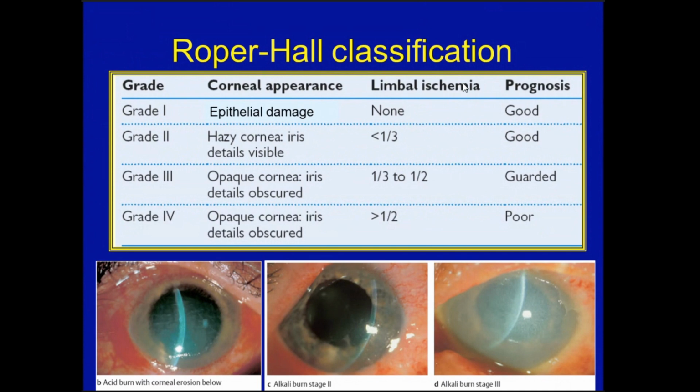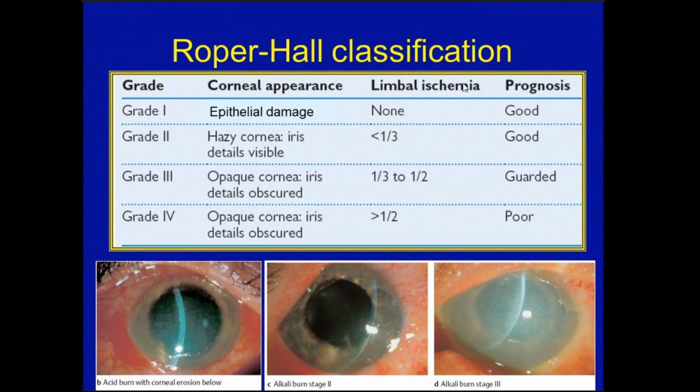And grade 4, very severe burn, totally opaque cornea, limbal ischemia more than half of the limbus, and prognosis usually poor.